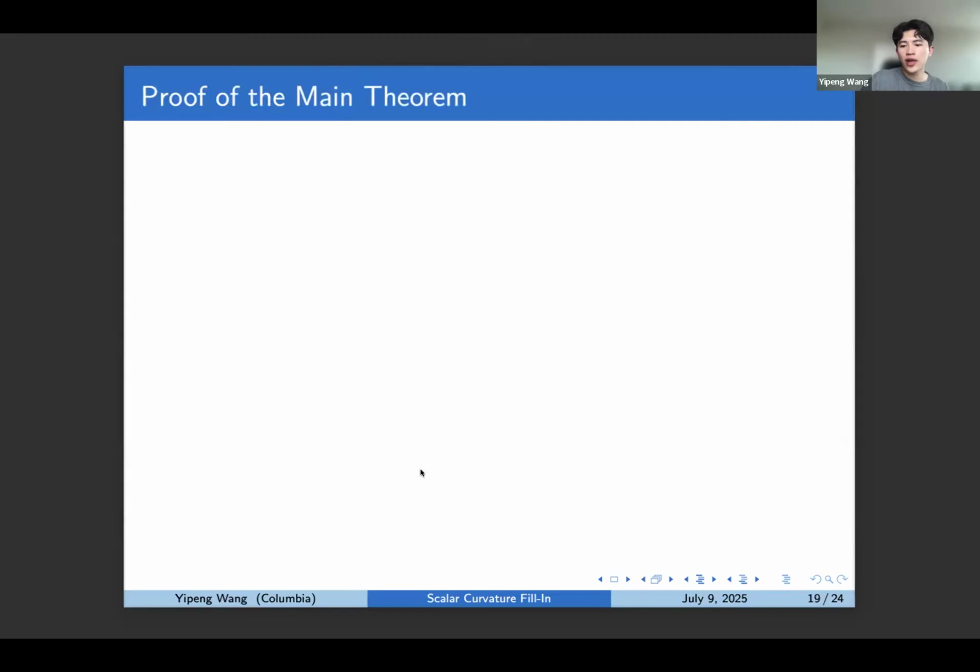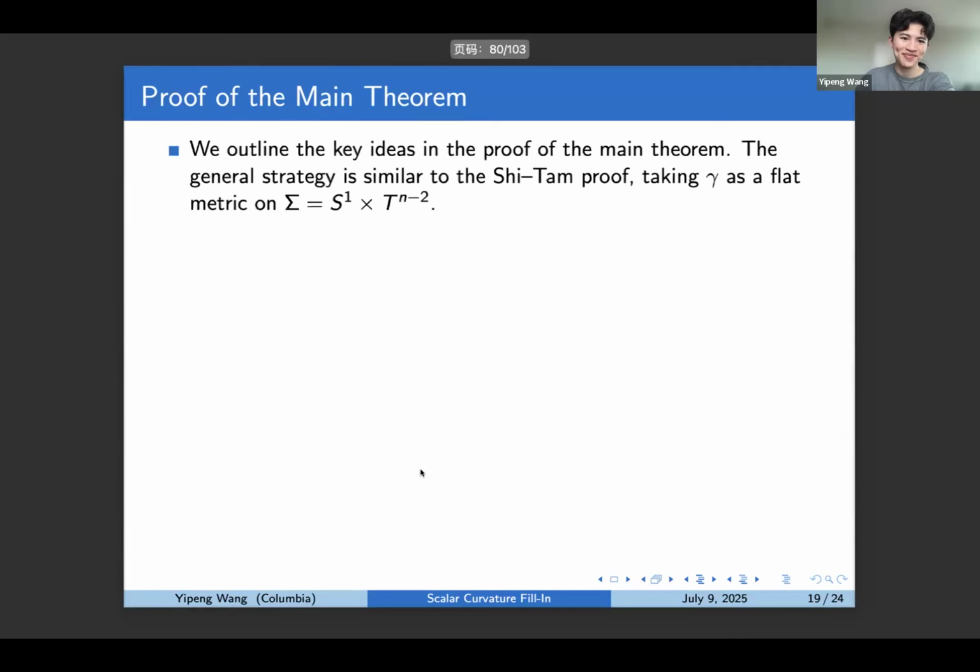Okay. So now I would like to describe how to use these results to prove our main theorem regarding these integral mean curvature estimates. The key strategy follows Shi and Tam. Let me consider the case of how to compute this sharp result first, and then I will explain how to deduce the general case.